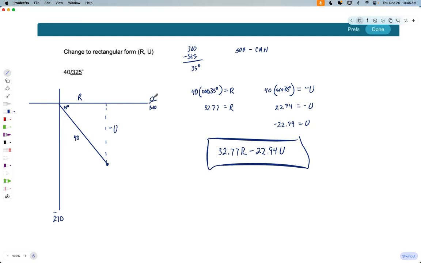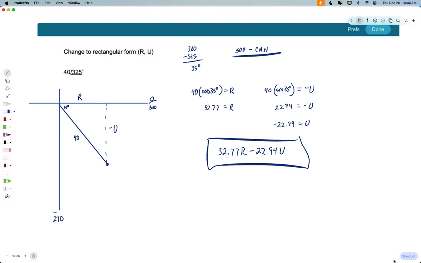Cosine takes you to the R. Sine takes you to the U. If you can remember that, writing your so ka up here will help you to see which one is which, because opposite is the U. Opposite of this origin is U, and adjacent is the R. That's all you really need to remember is these two in order to solve.